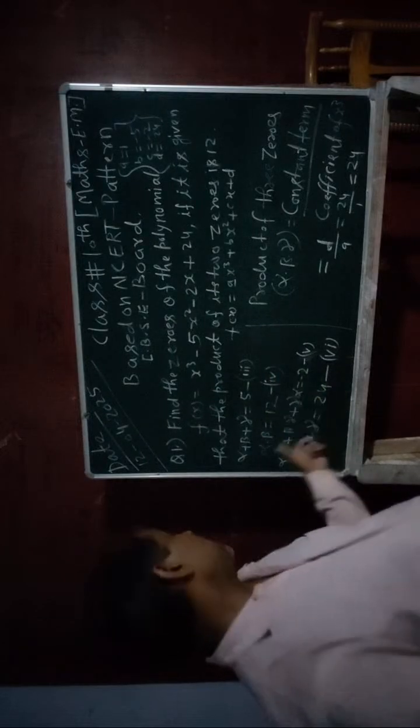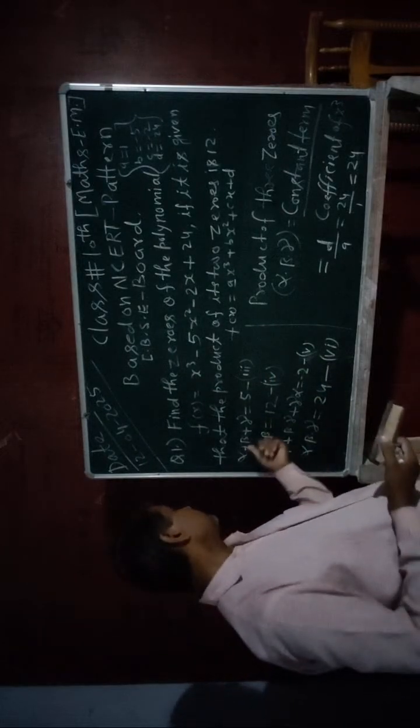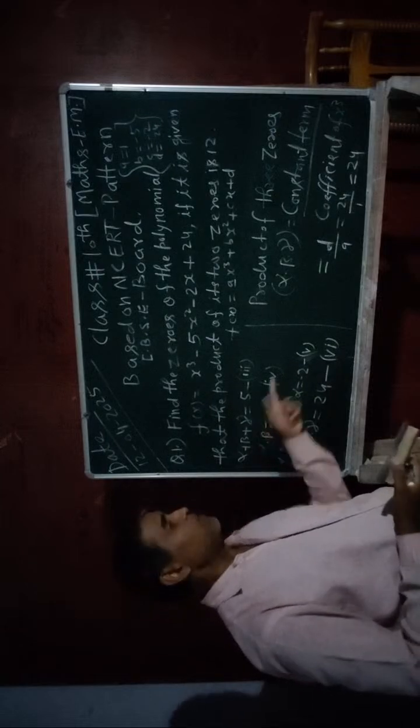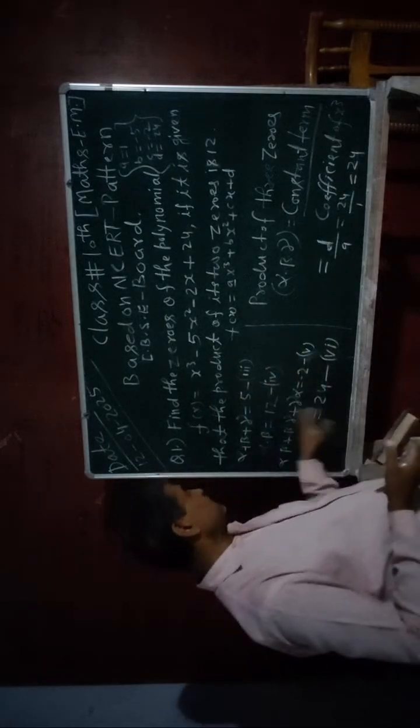Okay student, so I am going to further calculate the zeros, that is the value of alpha, beta and gamma, by solving these 4 equations. Okay student, so you concentrate here for getting its value.